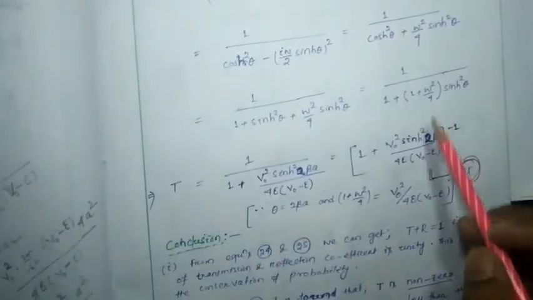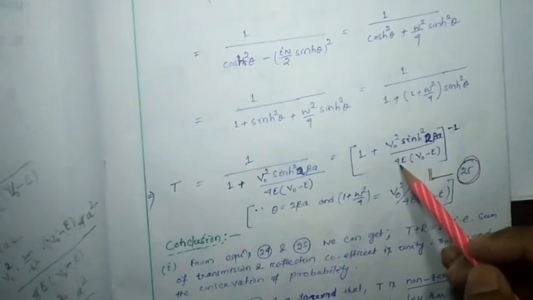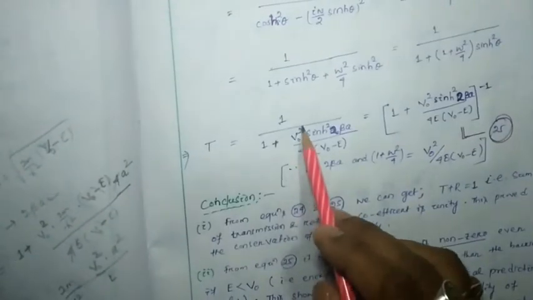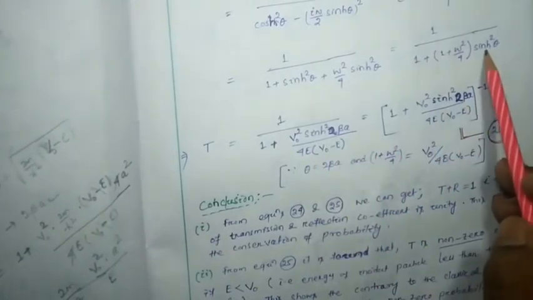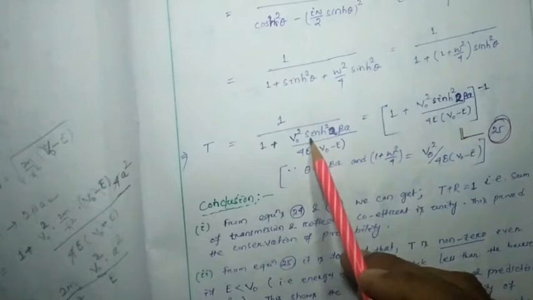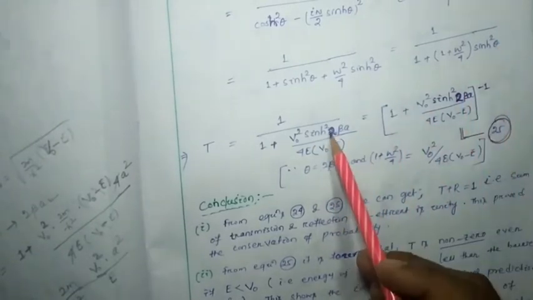That means it will be V0 square by 4E into V0 minus E, and sinh square theta can be written as sinh square, instead of theta we can write 2 beta a.